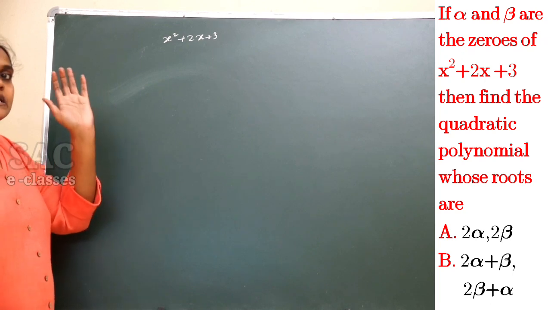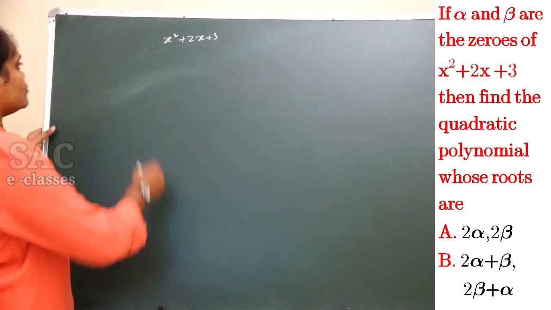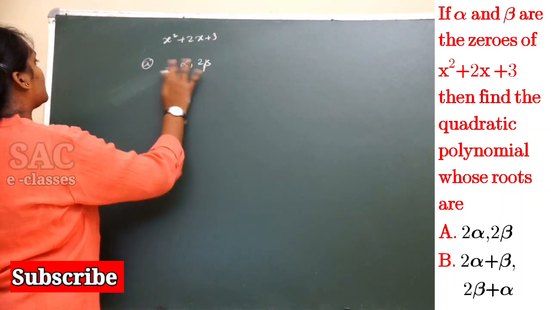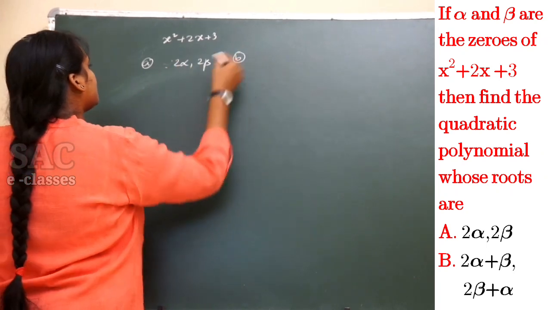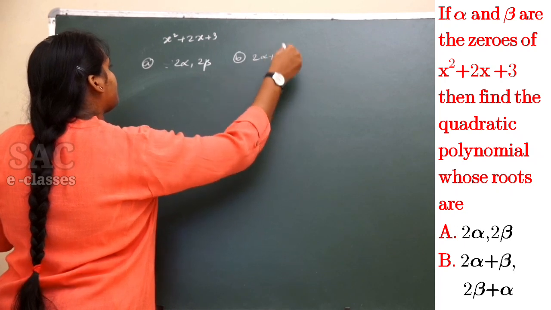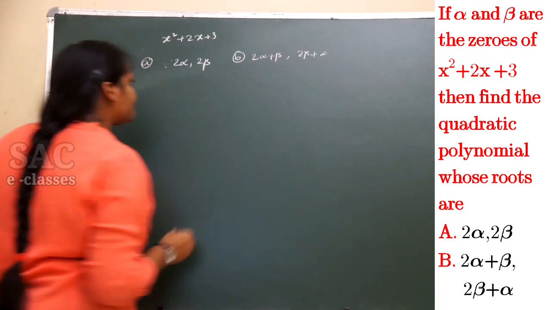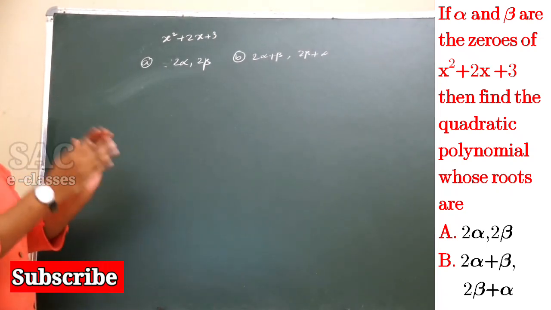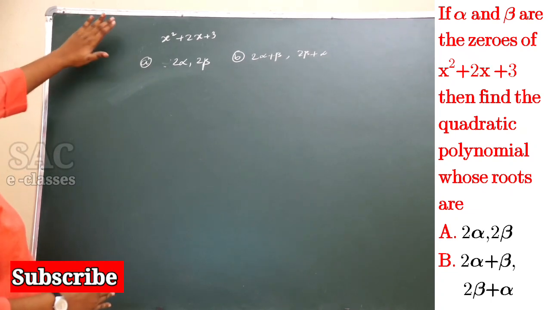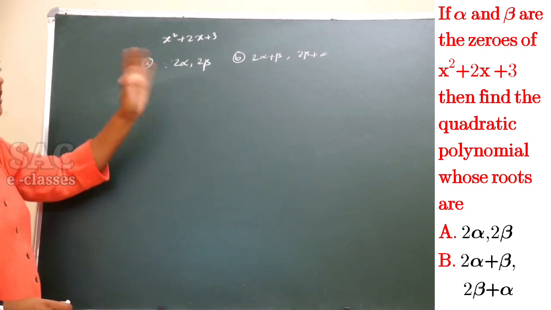Then find the quadratic polynomial whose roots are 2 alpha and 2 beta, and another quadratic polynomial whose roots are 2 alpha plus beta and 2 beta plus alpha. Until now they gave roots and we found the quadratic polynomial. Here they are again asking us to find the quadratic polynomial, but its roots are not alpha and beta.